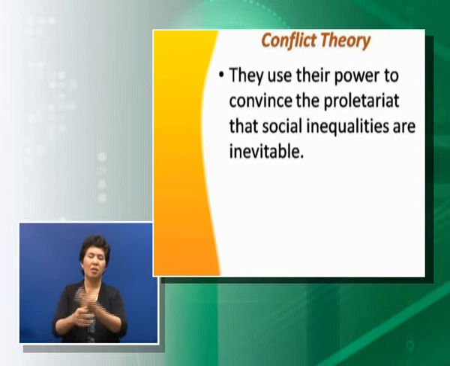Supposedly anybody can become rich by working diligently; everybody must have that opportunity if they work hard. When the proletariat accepts the status quo, this means that they are trapped in a state of false class consciousness, woven from the lies and false promises of the capitalists. This is what has been highlighted by conflict theory.